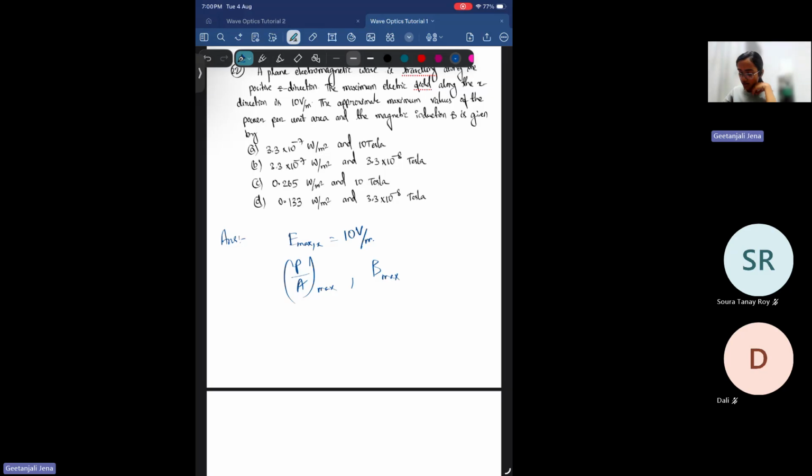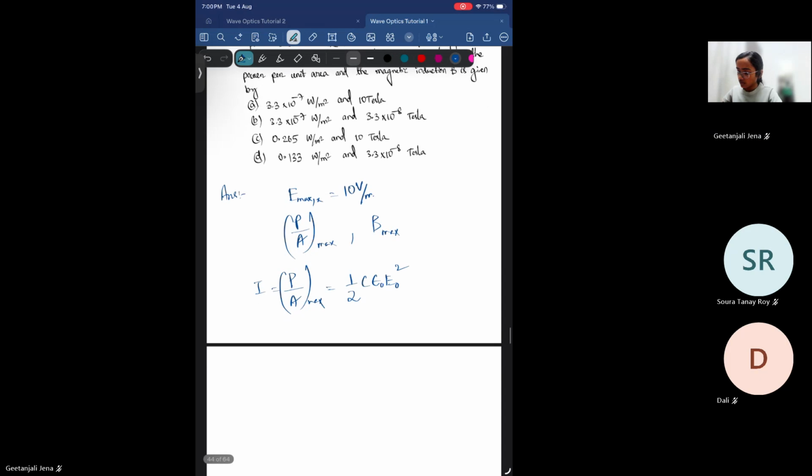Okay, so let us see what will be the intensity. Power per unit area is nothing but the intensity. So this is half C epsilon naught E naught square. Just put the values. This is 8.85 into 10 to the minus 12. E0 is given, maximum amplitude is 10.